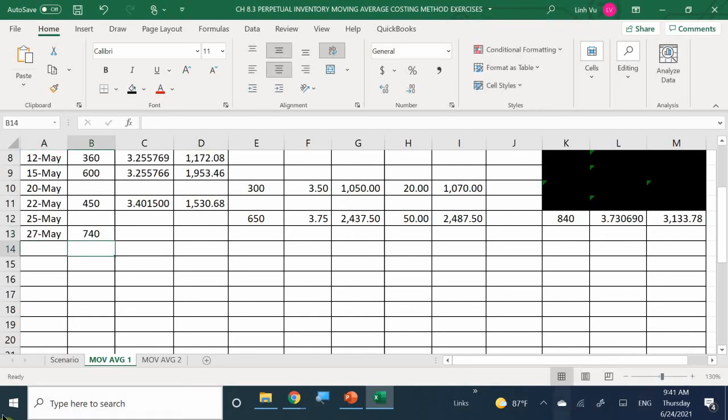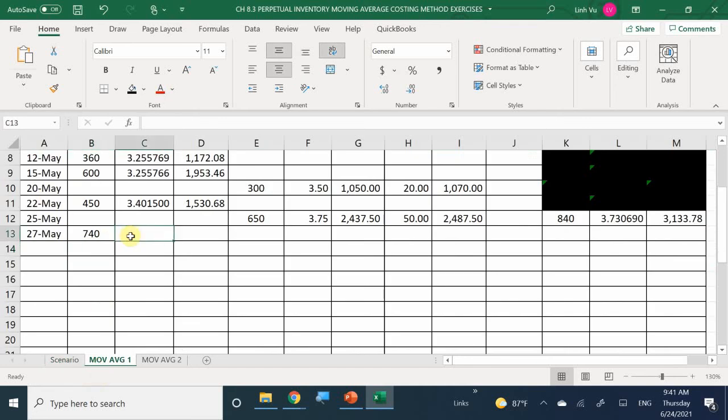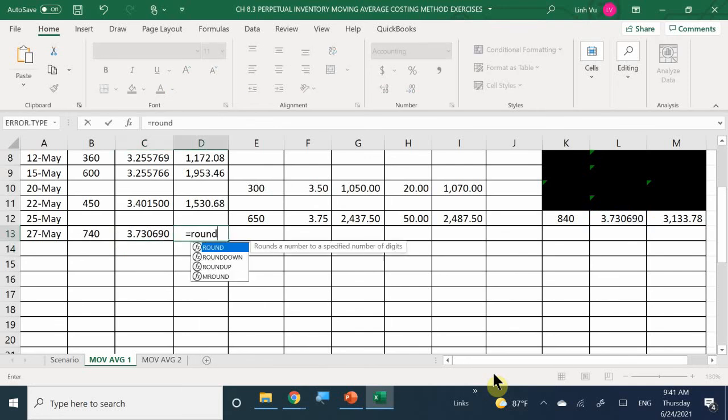So by May 31st, you should have a total of 100 units left. So let's take a look. If I sold 740 units, what's my average cost per item? 3.73. Okay, good. So then what is my total cost of goods sold here?